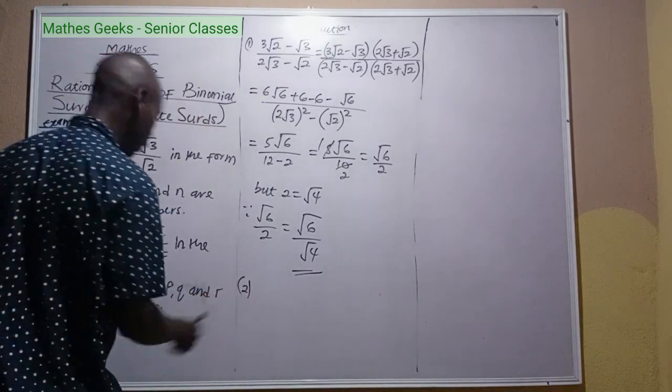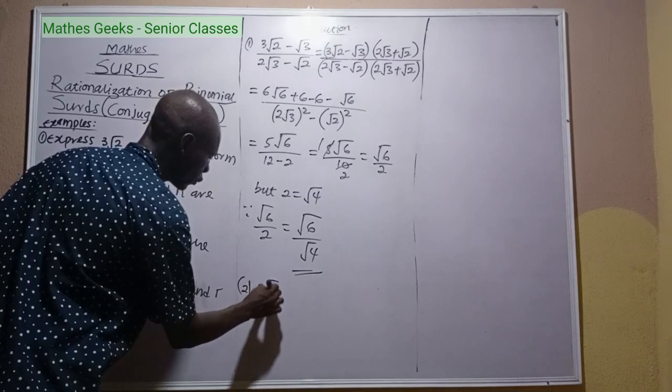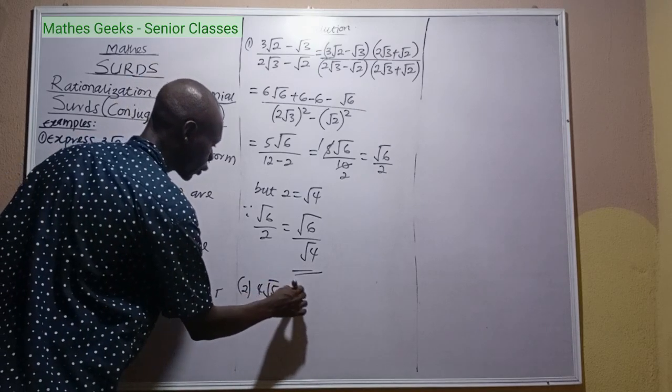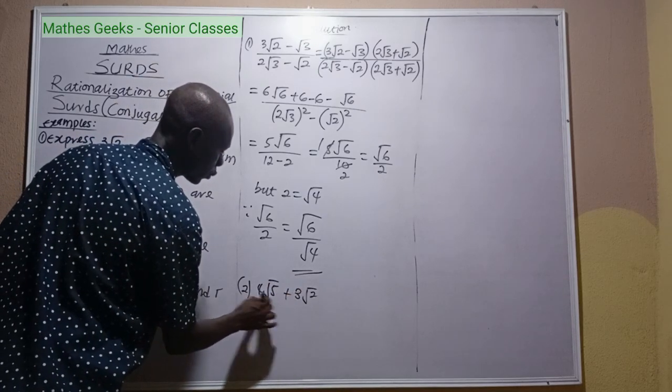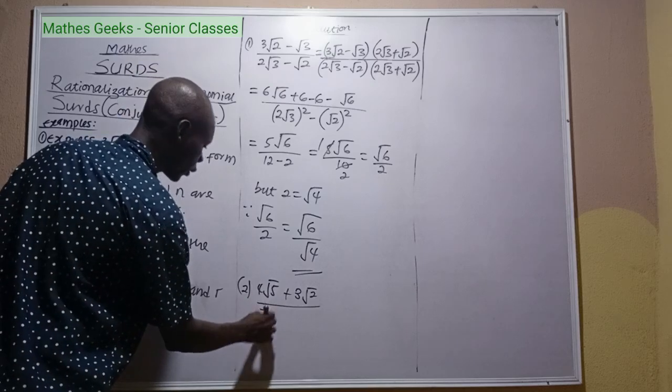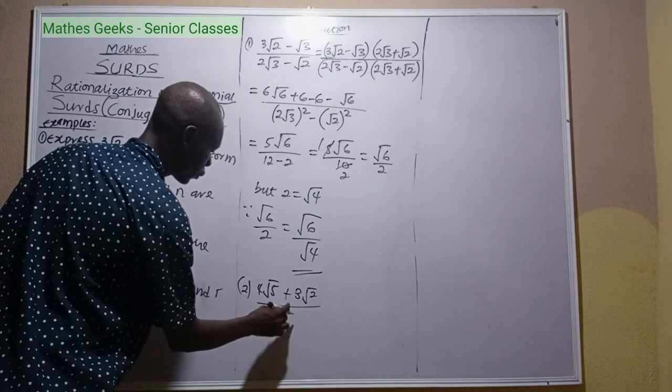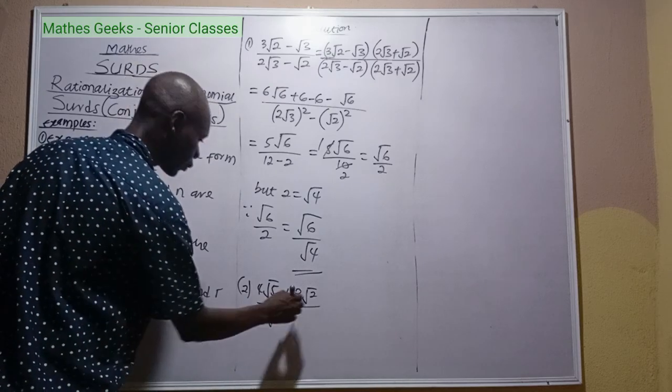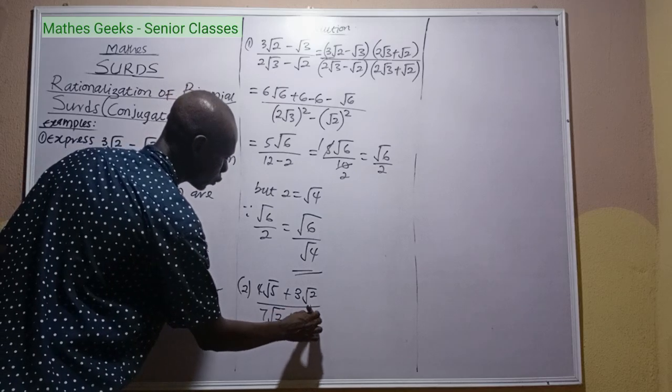Now express (4 root 5 plus 2 root 2) over (7 root 2 plus 2 root 5).